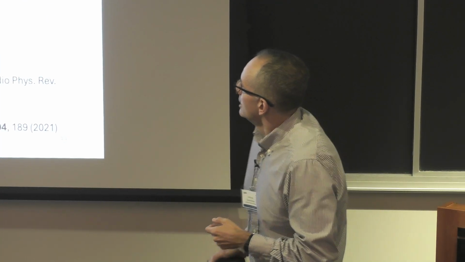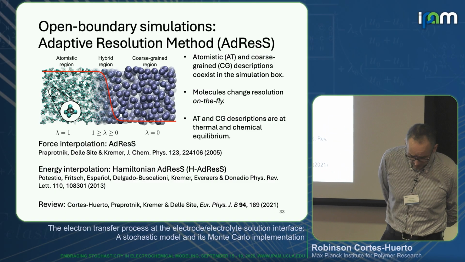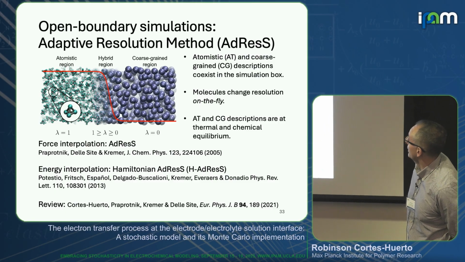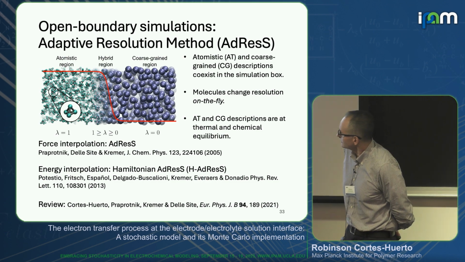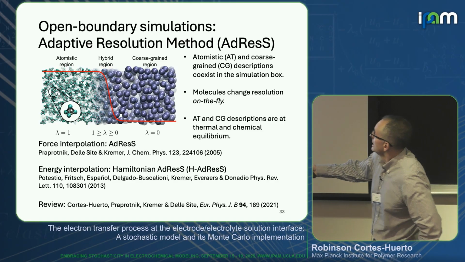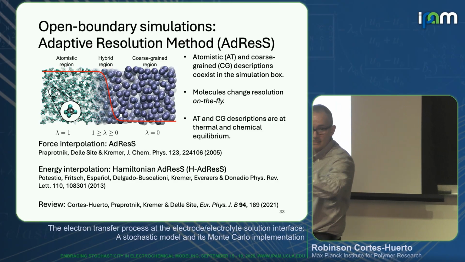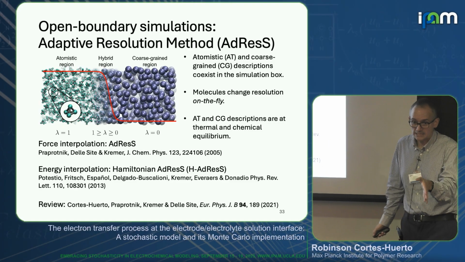So we rely on an idea developed in the group of Kurt Kremer at the Max Planck Institute for Polymer Research. Essentially, we have one simulation box. In this simulation box, we have the coexistence between atomistic and coarse-grained representations of the same physical system.